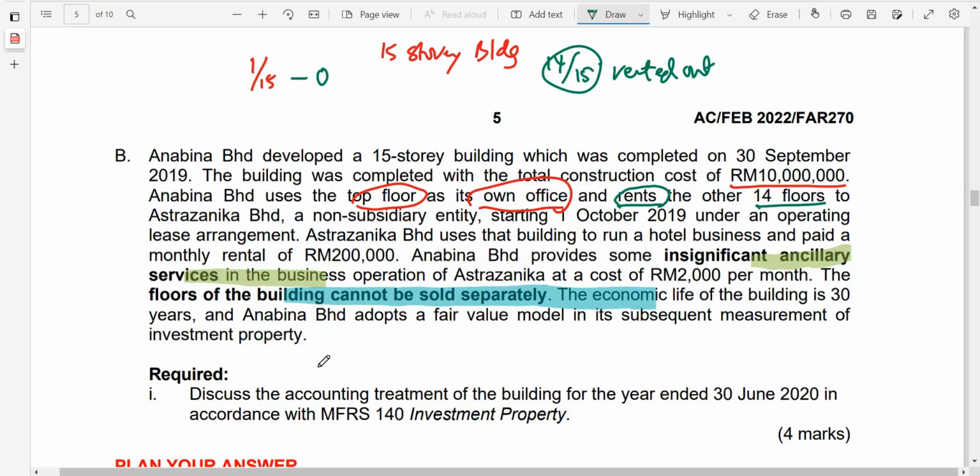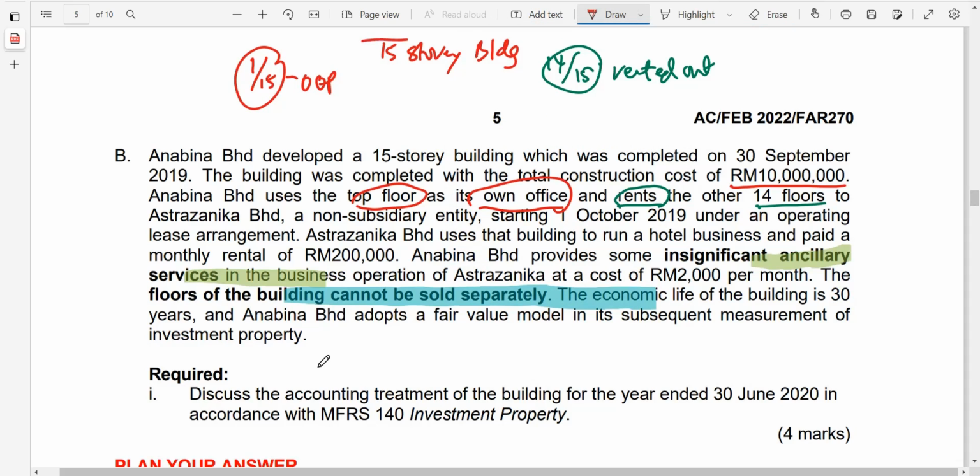So we call this owner occupied property, OOP. We're going to use red to differentiate that. So this is OOP.